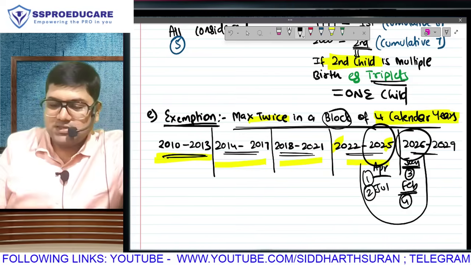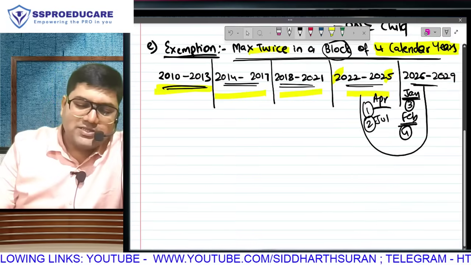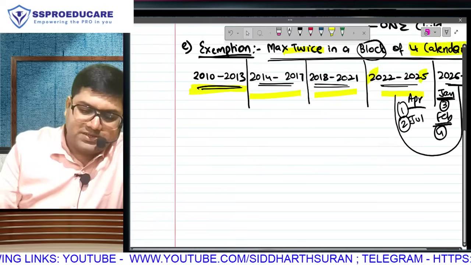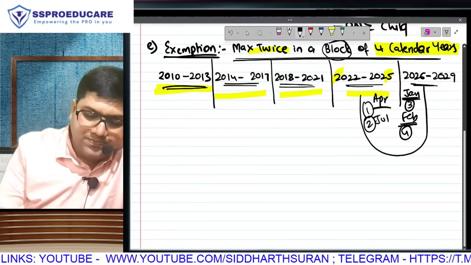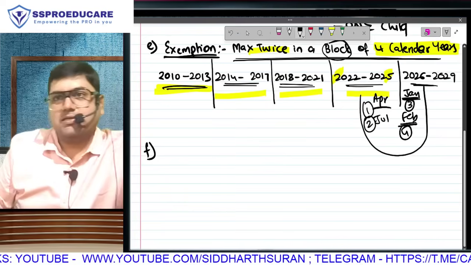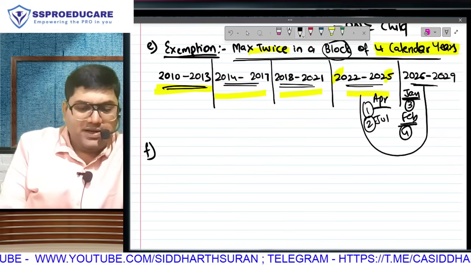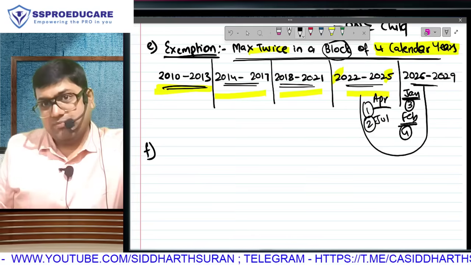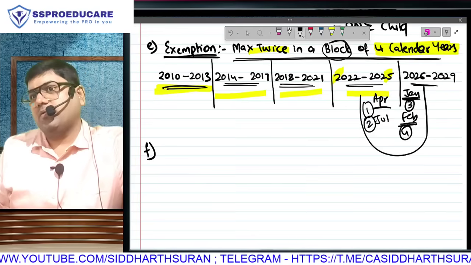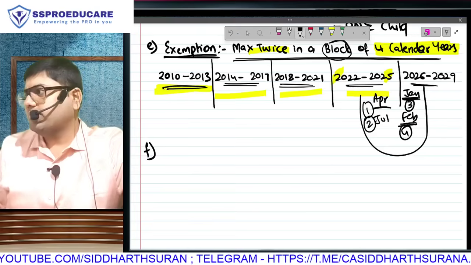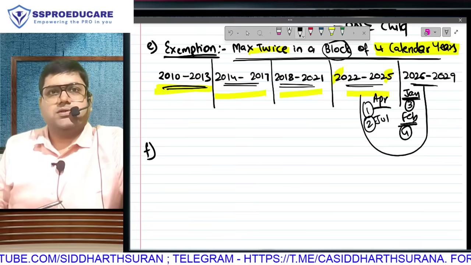Is this clear? And one last facility which they have given here, with which leave travel allowance as a section will also get over. Last, is it possible that there is some unavailed exemption out of the two that you get per block? Block is of how many years? 4 years.